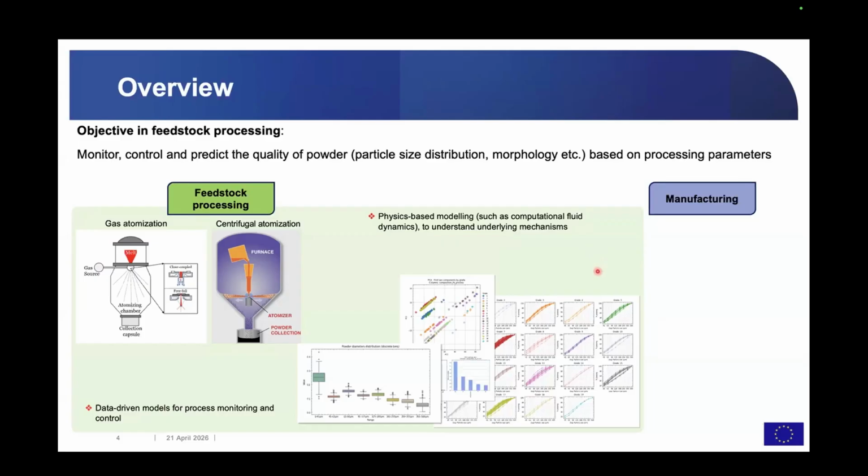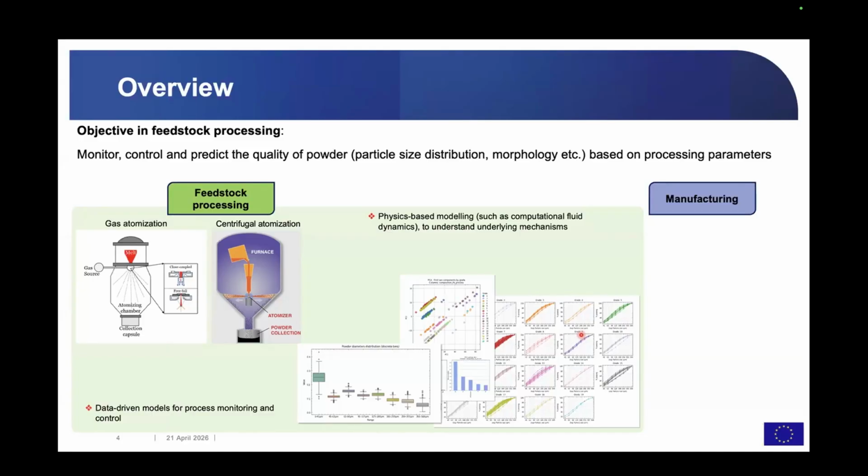During this, using lots of sensors, as we saw in the previous talks, we can gather lots of data that can be processed to either control the process itself or predict what kind of product we can get. Based on that, we can optimize the process to get powder that has lower waste and lower energy, and is more usable for the processes that we have.